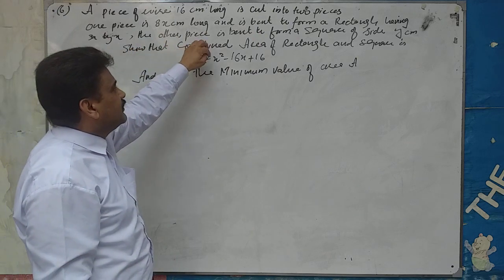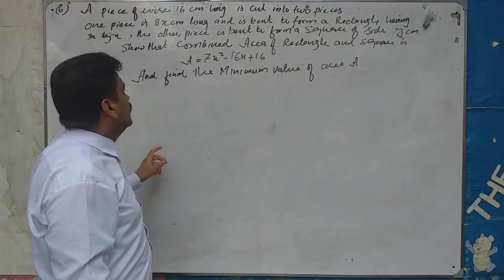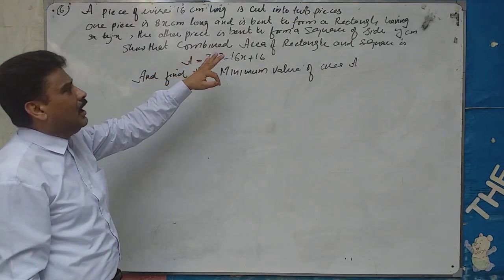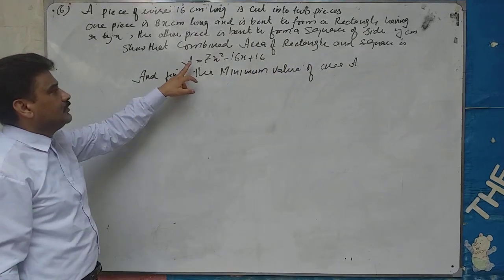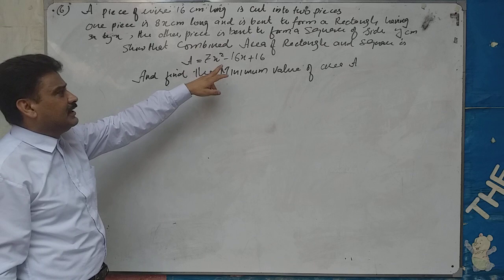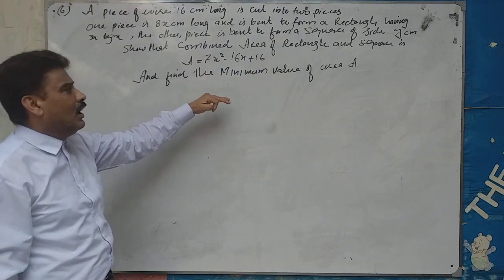The other piece is bent to form a square of side y centimeter. Show that combined area of rectangle and square is 7x square minus 16x plus 16, and find the minimum value of this area.